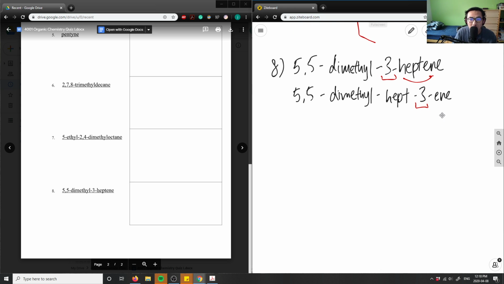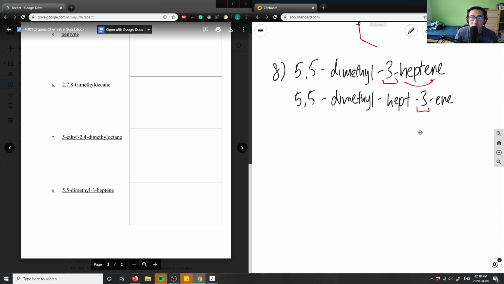So again, take a couple of moments to figure this out, and we're going to break it down the exact same way as we've been breaking it down before. I'm going to do my blue for the parent chain and then my red for the side chains. So how would I approach this problem?